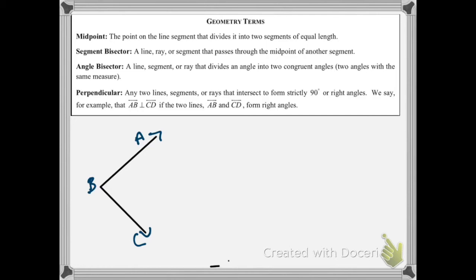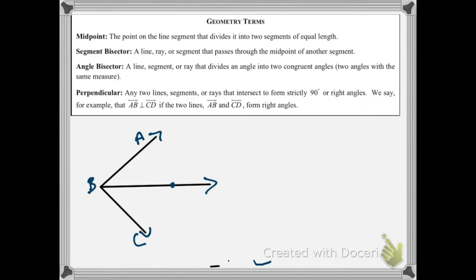Now here I have an angle ABC, and I'm going to draw an angle bisector. So think about it. If a segment bisector cuts a segment in half, then an angle bisector cuts an angle in half. Here is my angle bisector, okay? From one angle, I've made two.